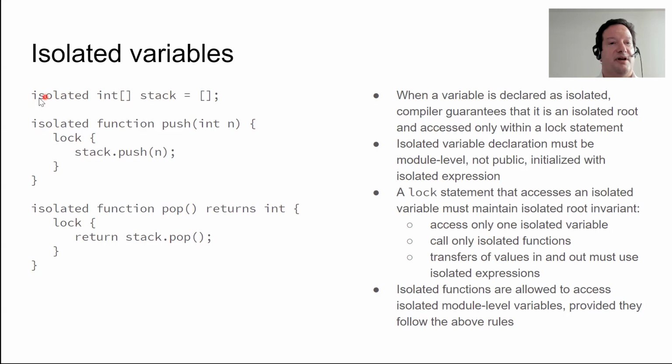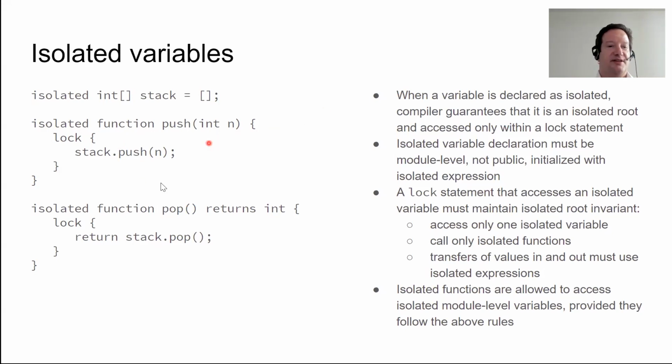So here we've got our isolated module level variable, and we've got two isolated functions that are mutating it. Because we know the semantics of lock, it's one global lock. Because we know that the stack is only ever accessed within a lock, we can say it's actually okay for this isolated function to access this global mutable state, because this state is only ever going to be accessed within a lock, which means you're not going to get any data races from doing so.